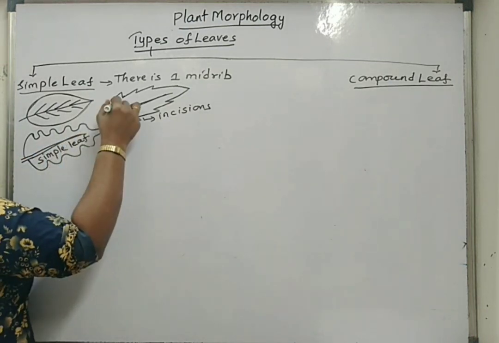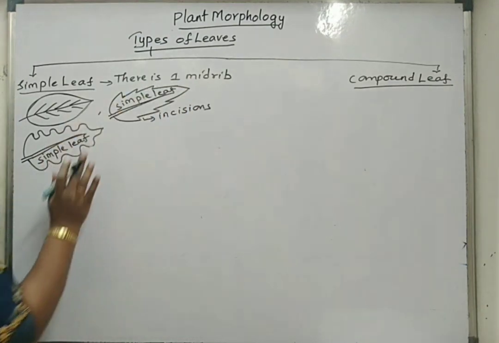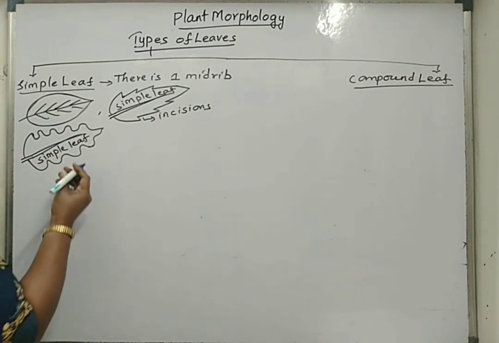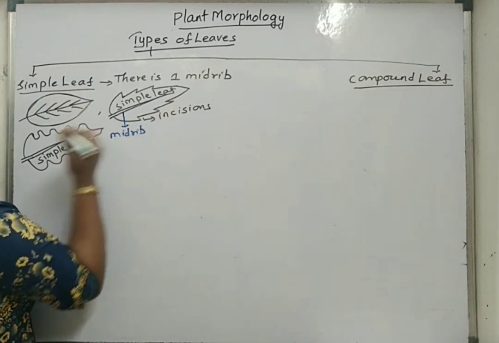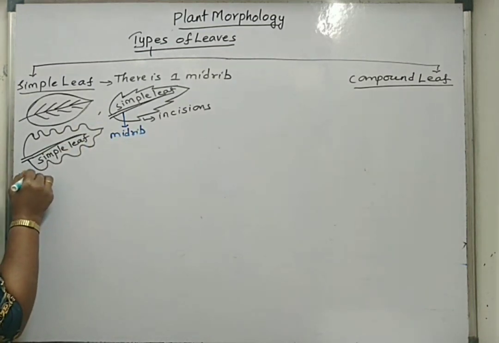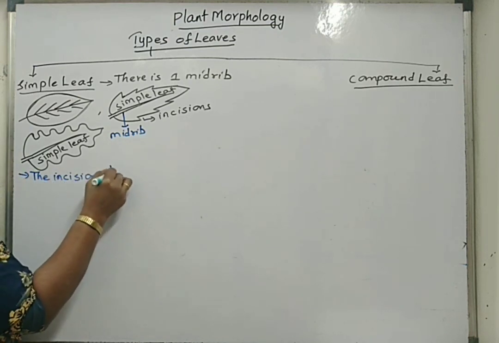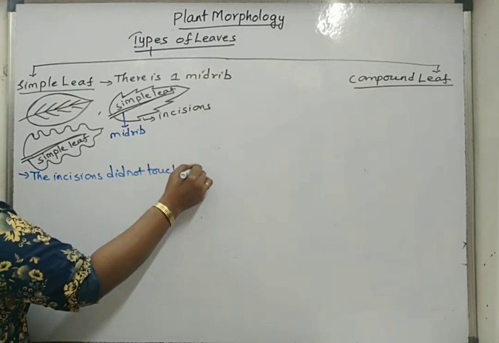This is also a simple leaf. Here I did not represent the veins in both cases. So this is the midrib. We will write: the incisions did not touch the midrib.